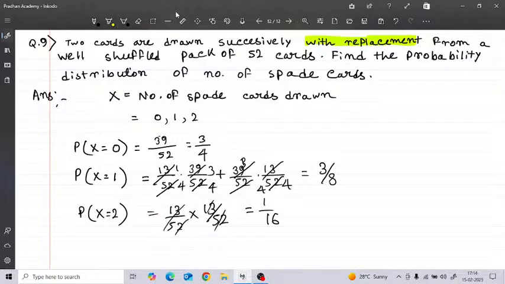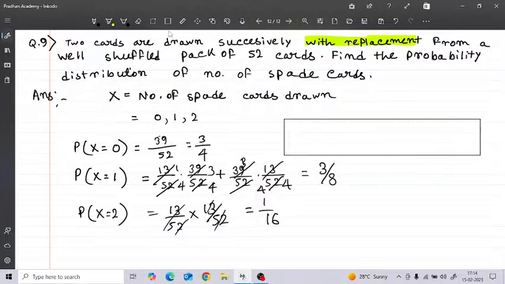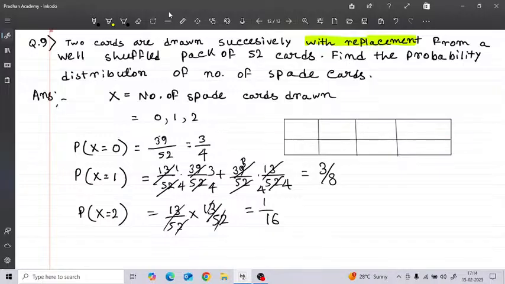So let's make the probability distribution: X equals 0, 1 and 2, with probabilities 3 by 4, 3 by 8 and 1 by 16.